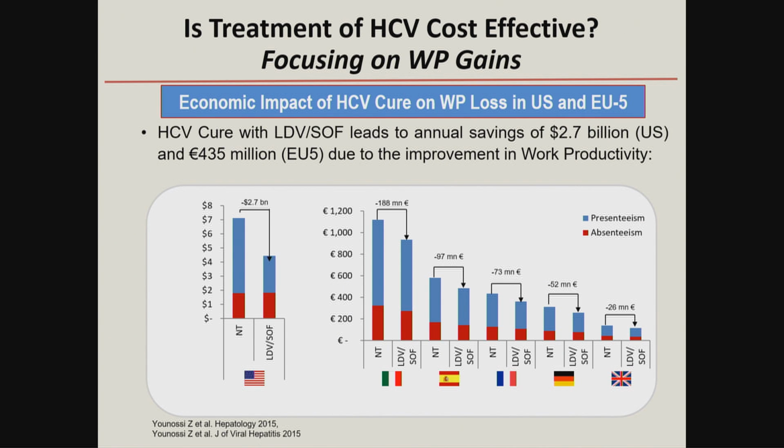Finally, what happens in terms of treatment and cure in terms of work productivity? I showed you the data in terms of the negative impact of hepatitis C infection on work productivity. Here is data from the United States and also EU5 that by curing hepatitis C patients with all-oral regimens, you can actually have an annual saving of 2.7 billion in the United States and another 500 million euros in EU5 countries just due to improvement in work productivity.